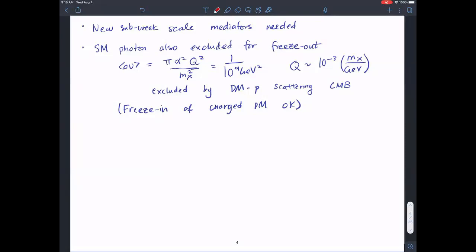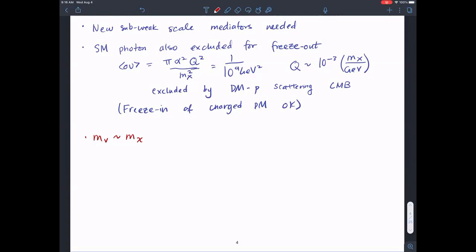Okay, so now let's say we accepted the fact that we need a new mediator, and it's going to be light. In particular, let's make it such that the mass of the mediator is now quite similar to the mass of the dark matter.